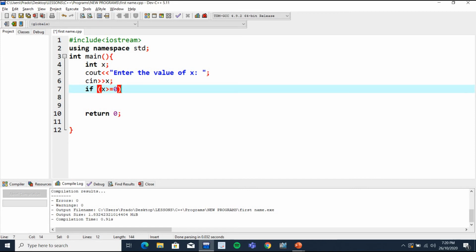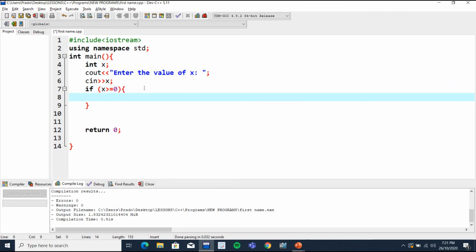So, if, and then, sa loob ng parenthesis yung condition, and then, maglalagay po tayo ng brace sa may labas. So, brace. Sa loob po ng brace, yung gagawin mismo ng program kapag nag-true siya.